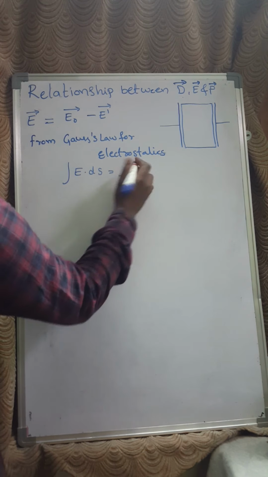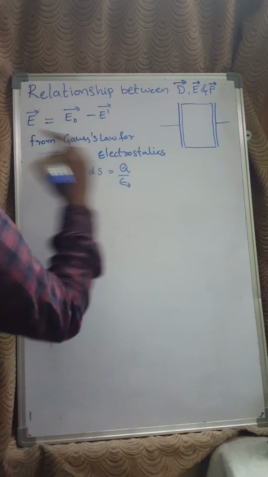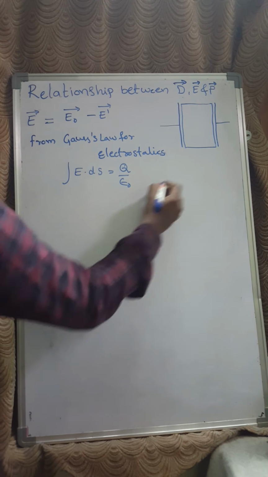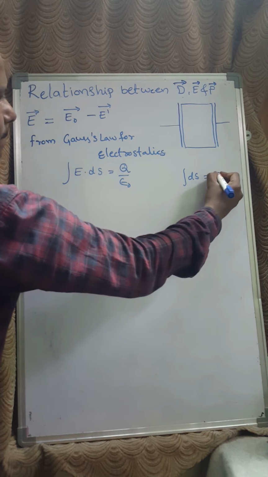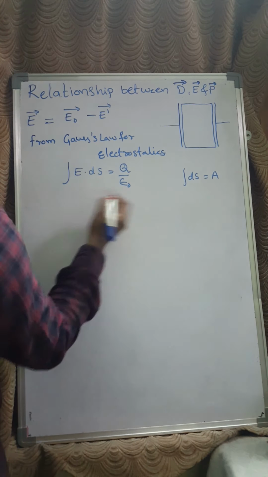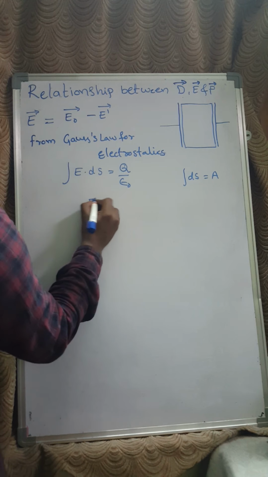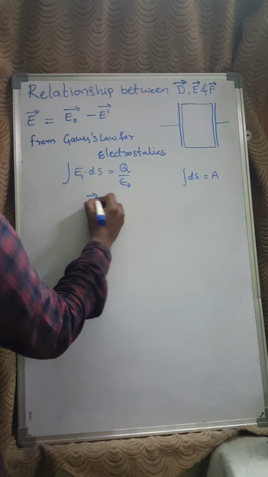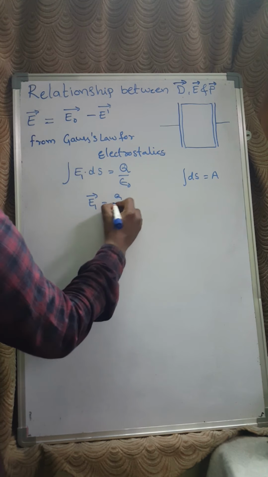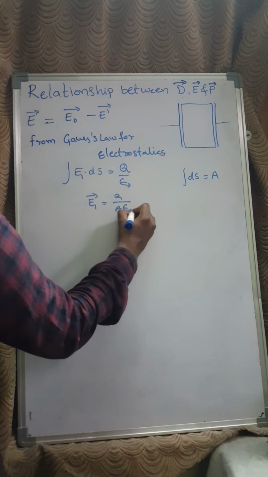I write capital Q as the total charge, Q by epsilon naught. And integral ds is nothing but the area, which I represent by a letter capital A. E, for convenience, I put as E1, which is nothing but Q by A epsilon naught.